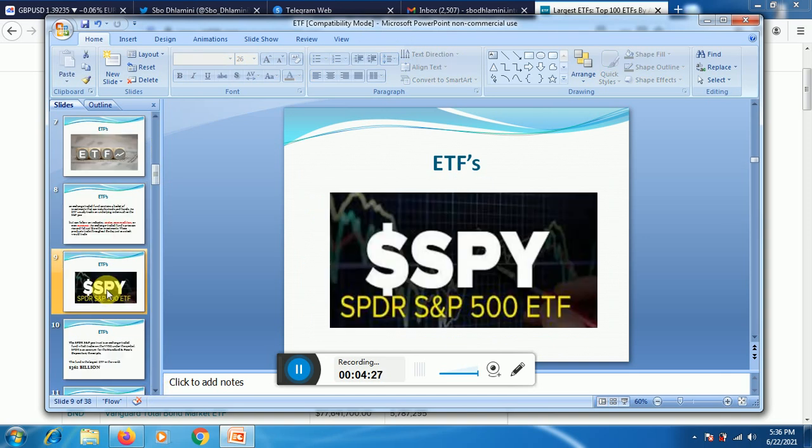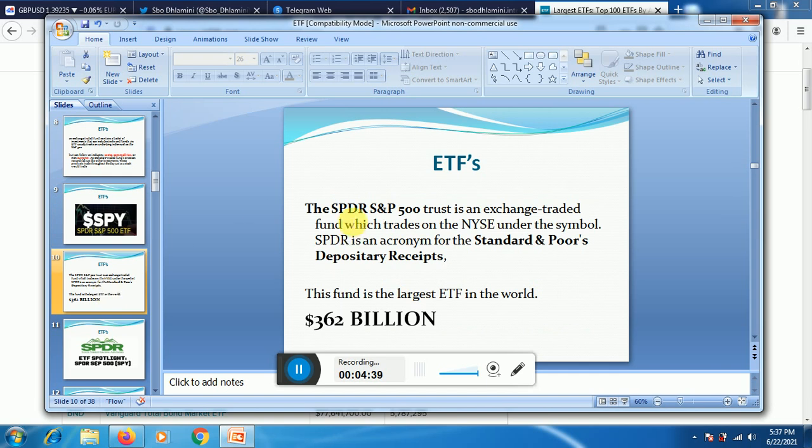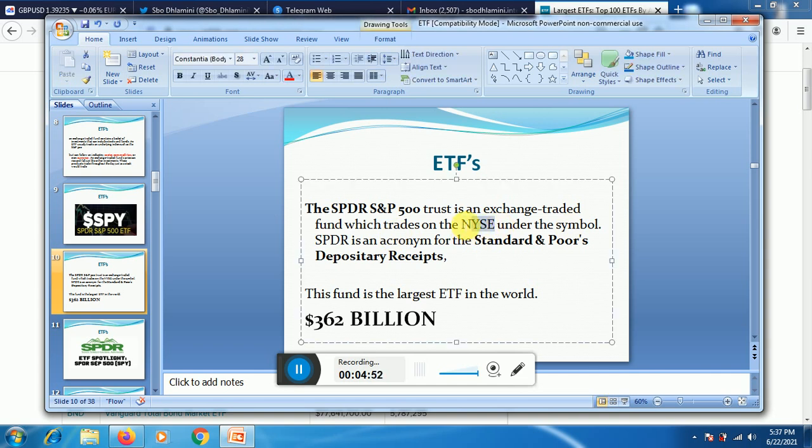The largest ETF known in the world by far is the SPY, which tracks the S&P 500 itself. By definition, the SPDR S&P 500 Spider Trust is an exchange traded fund which trades on the New York Stock Exchange under the symbol SPY.